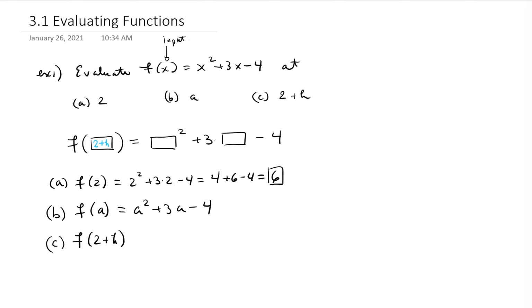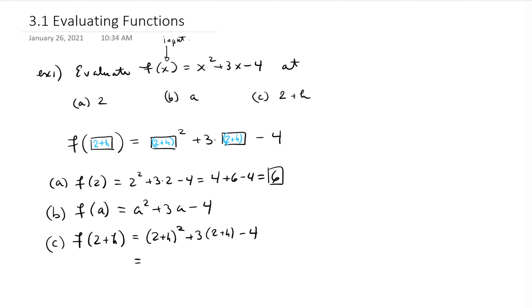So the output is going to be that quantity, that input, squared. So I'm going to put it in brackets because all of 2 plus h is going to get squared. And then 2 plus h, all of that will get multiplied by 3, and we're going to subtract 4. So let's write it down here. So it's going to be 2 plus h squared plus 3 times 2 plus h minus 4. So that's really our output.